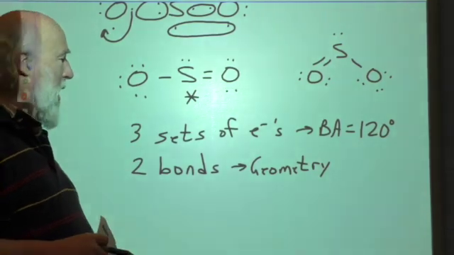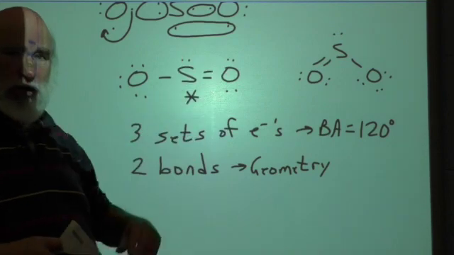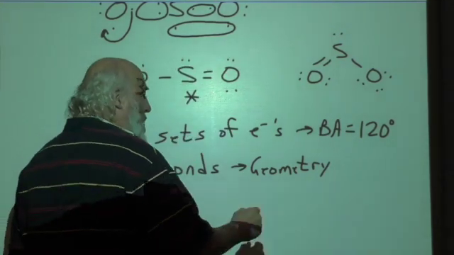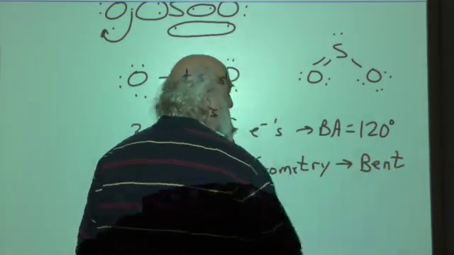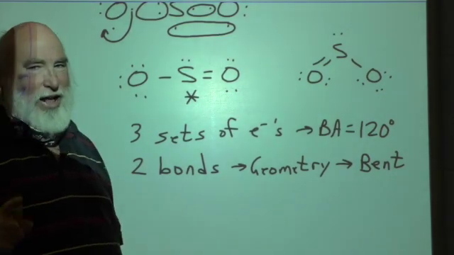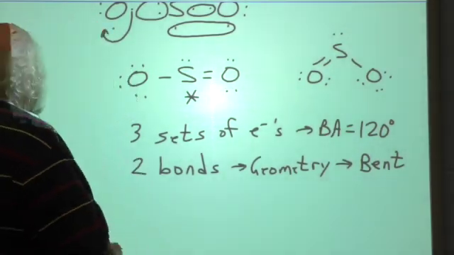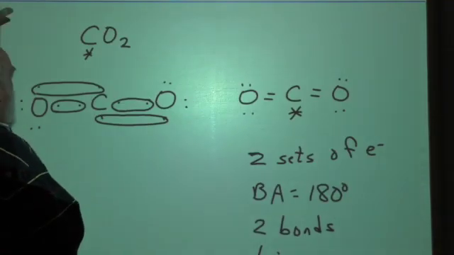In this particular case, they had to come up with a name for this structure. So they gave it a name and they called it bent. Lots of money paid for that. Bent.